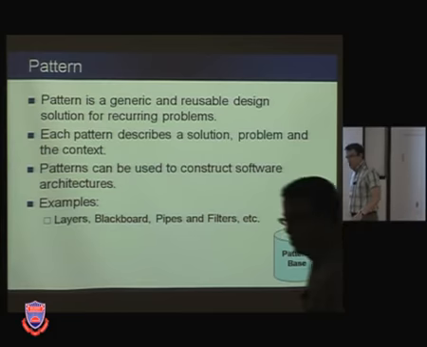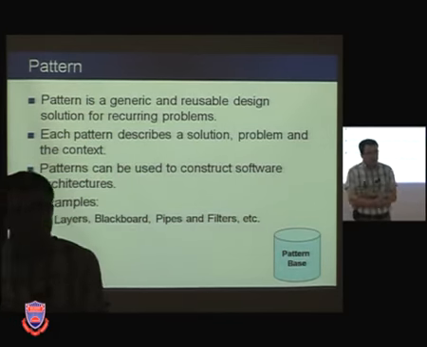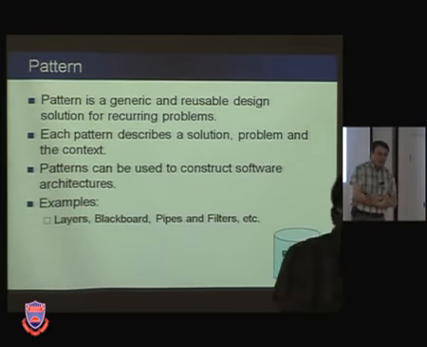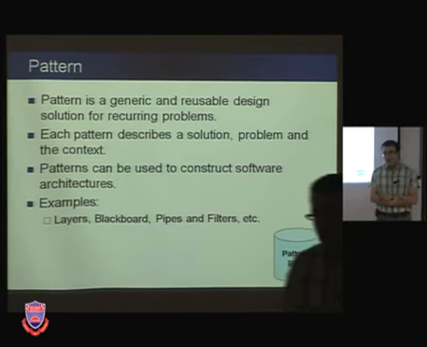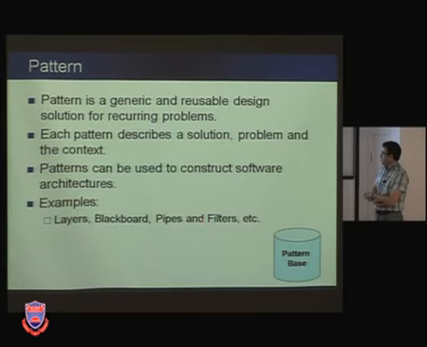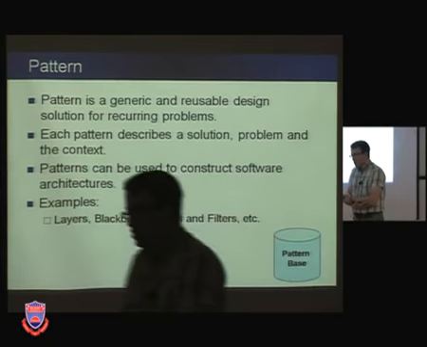Patterns can be used at the object-oriented design level, like the composite pattern and the observer pattern. They are basically patterns for detailed design, but we also have patterns for architecture, like layers pattern, blackboard, pipes and filters, model view controller, etc. We'll discuss this in more detail in the lectures on architectural patterns.